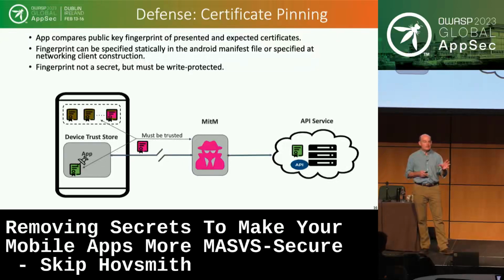So that's now sitting inside the app as another constant. So this time when the man-in-the-middle attacker presents a certificate, it would pass the operating system trust store, but it will not match the fingerprint, the hashed public key that should have been presented. So it'll reject that, and that's known as certificate pinning.